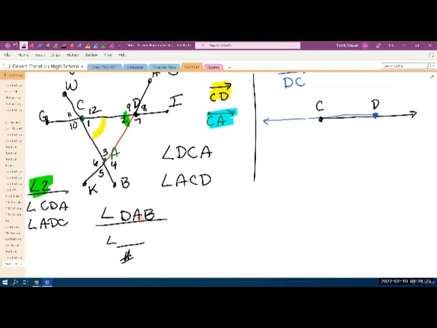Not once. Okay. And the angle number you got was what, Katie? Which angle do you think is angle DAB? Everyone should have something written down.